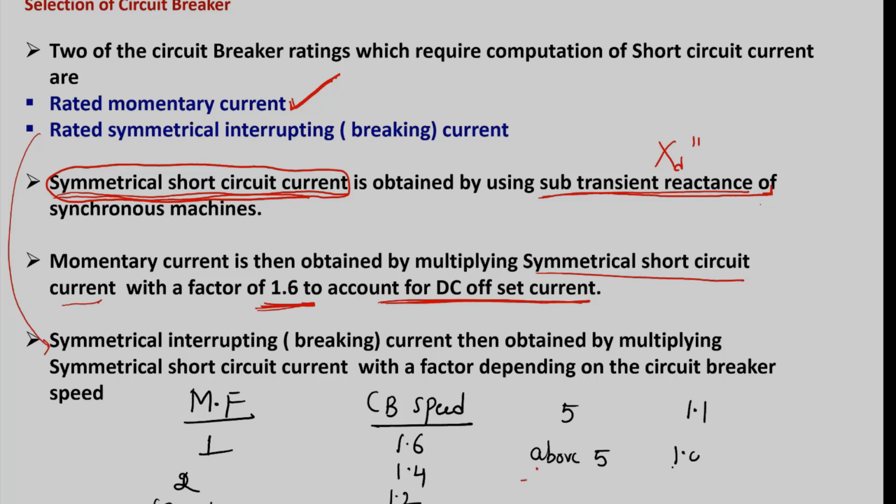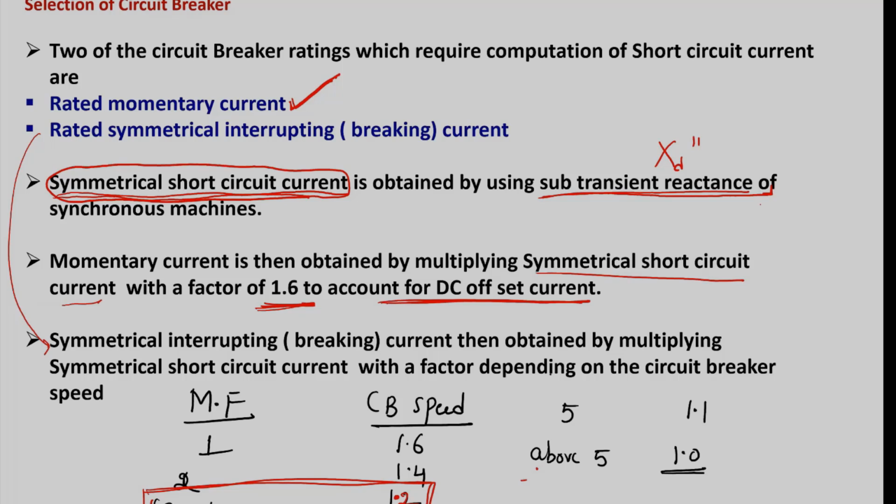Because after 5 cycles, the DC offset current is also 0. Usually the circuit breaker will start separating in the 3rd or 4th cycle, so the most common multiplication factor is 1.2. Why do we multiply with 1.2? To take care of the DC offset current.